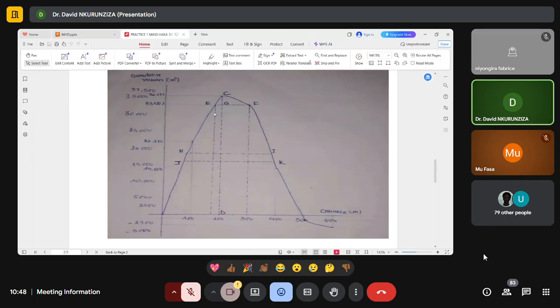Now, if you take this area, then you divide by the volume. What's the volume at this point? At this point, the volume is maybe 15,000. So it is this area which is scaled out. Then you divide it by the 15,000.